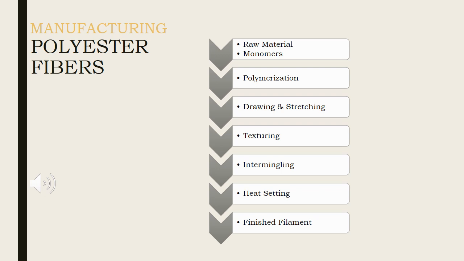High strength, high modulus, low shrinkage, heat set stability, light fastness, and chemical resistance account for the great versatility of PET. Process flow chart of synthetic fiber production is shown in the diagram.